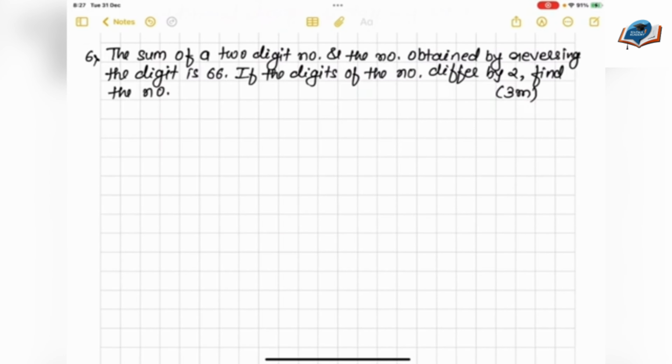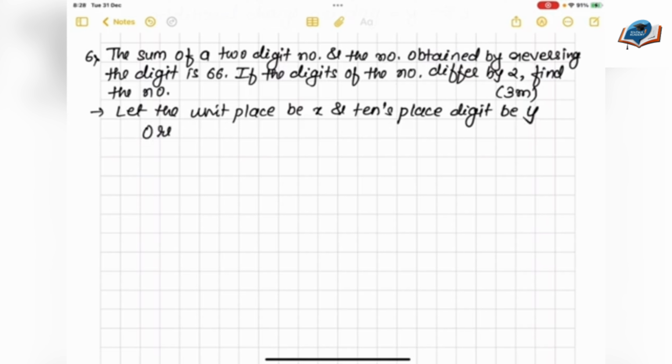Now, the next question says the sum of a two-digit number and the number obtained by reversing the digit is 66. If the digits of the number differ by 2, find the number. So, let the unit place be x and tens place digit be y.